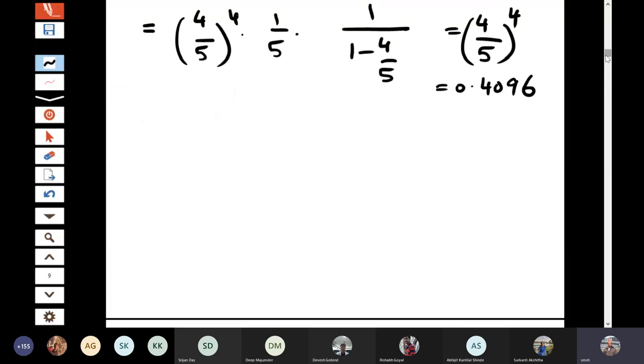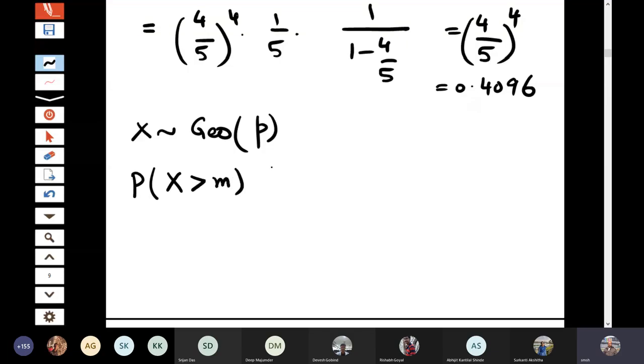Now let me just take up one property of this distribution here. So if I am saying x follows geometric distribution with probability p, what is the probability that x is greater than m? In the previous problem I calculated x greater than or equal to 5. So here I am asking what is the probability x greater than m?